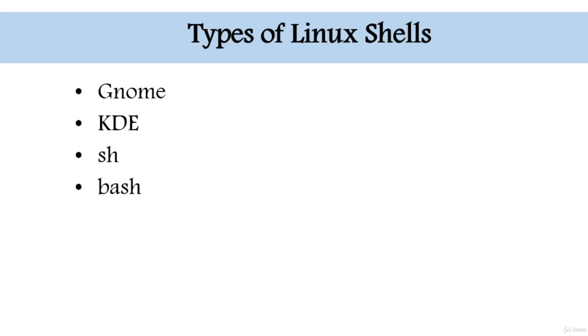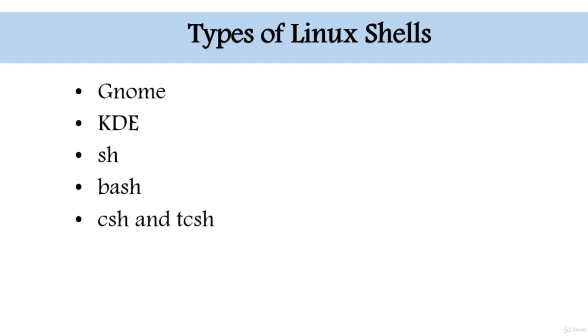It means Bourne Again Shell. So the sh shell still exists. Don't think that sh is gone. Now the newer shell is available, which is called Bourne Again Shell. And in our entire course, we will be using the Bourne Again Shell. Why? Because it has a lot of enhanced features and it is very user friendly, with so many features and variables that we could use in that shell.